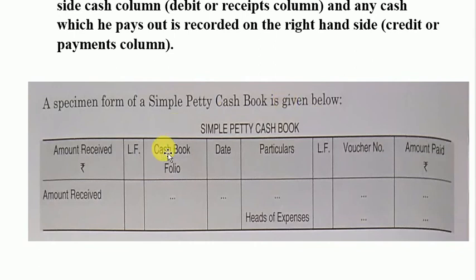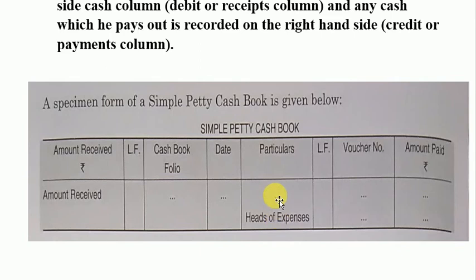Here we have also 8 columns, and this is the left hand side and this is the right hand side. In the left hand side we'll record the amount received from the head cashier or the main cashier. That amount which a petty cashier received will be recorded here, and whatever expenses are incurred in an organization like postage, stationery, bus fare, taxi fare, cartage, all these expenses will be recorded on the right hand side.